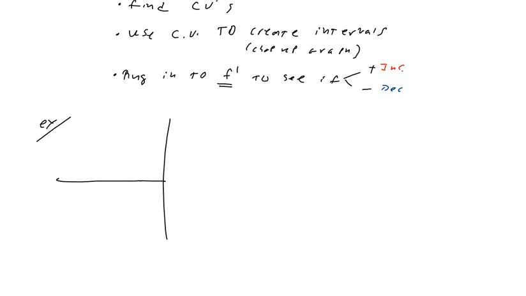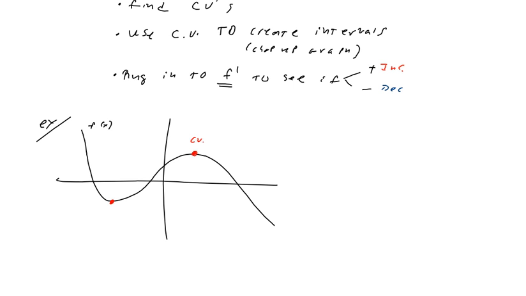A graph like this here. Here's f of x. In the first derivative test, what we do is we find the critical values. Here and here are critical values.